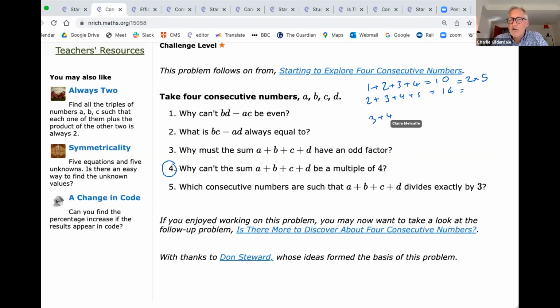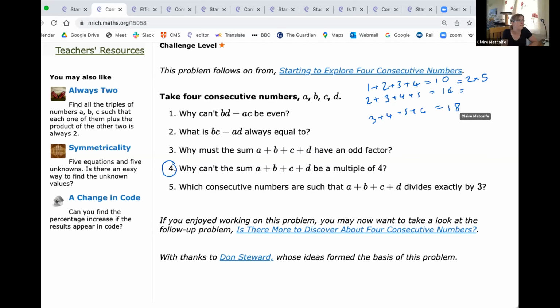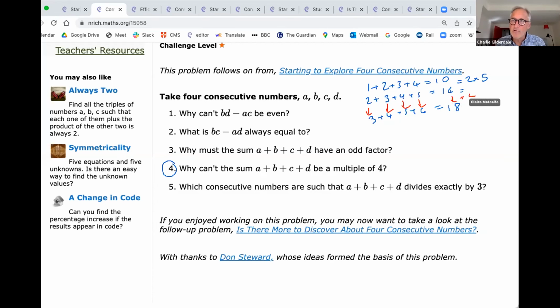So I can sort of do this as a proof by induction, can't I, Claire? It's worked for the first one, and I could have chosen 0 + 1 + 2 + 3 if I wanted to, or some negative numbers, but I'm going to be going up in 4s. The 4 times table goes up in 4s. So given that I didn't hit the 4 times table initially, I'm never going to hit a multiple of 4.